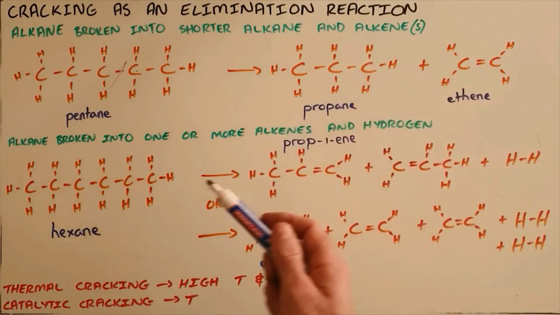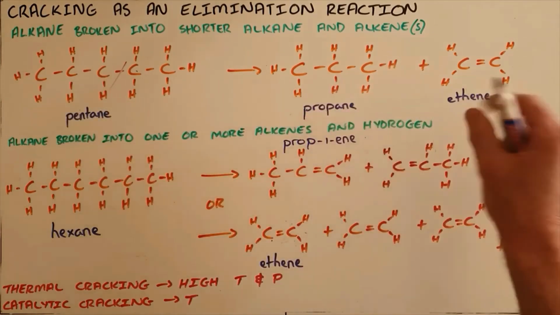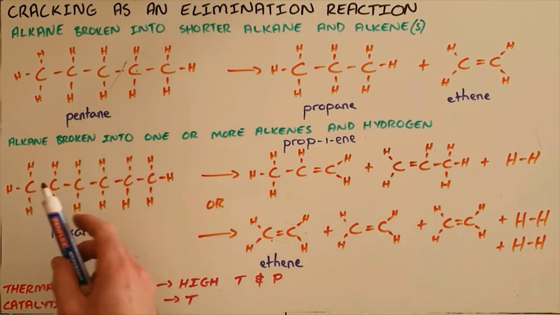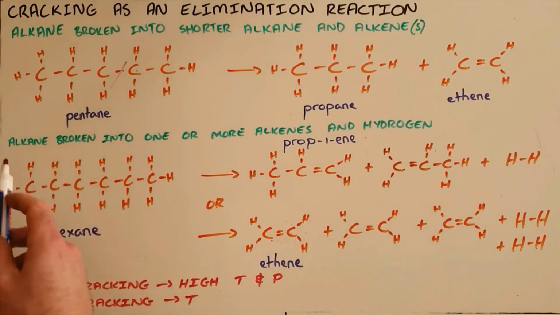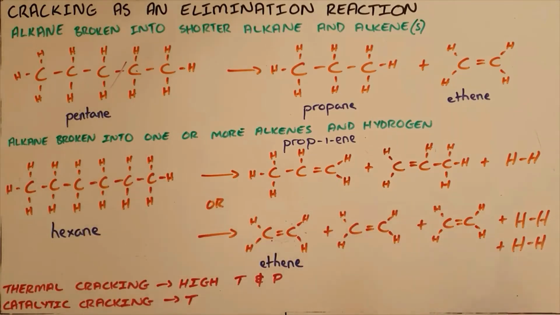So the first type of cracking is where an alkane is broken up into an alkane and then an alkene. The second type of cracking is where an alkane is broken into one or more alkenes and hydrogen is produced as a product.